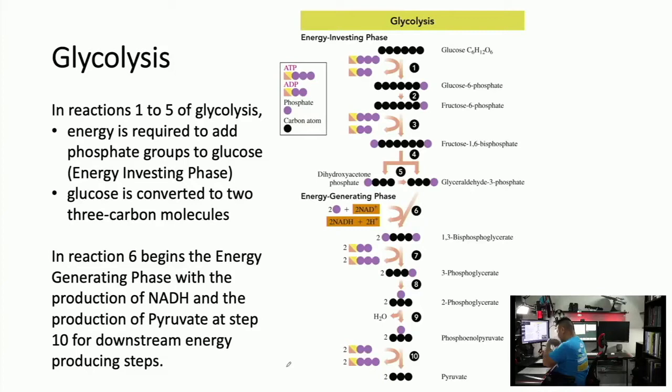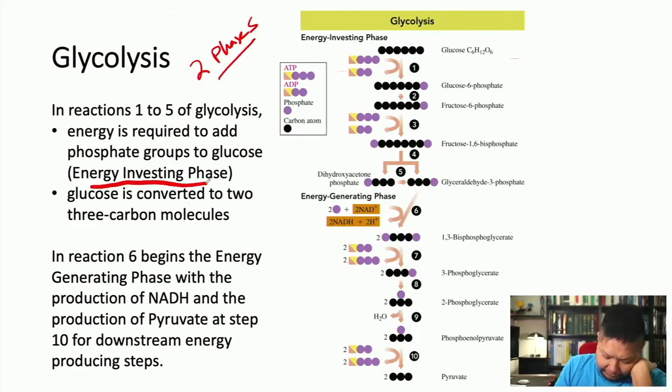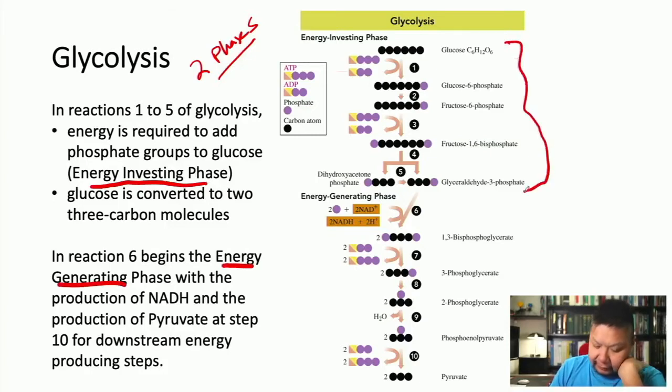So glycolysis is actually two phases. I shouldn't say steps, because there are multiple steps in glycolysis, but it's in two phases. Those two phases are the energy investment phase and the energy generating phase. The first 5 steps are the energy investment stage, where you actually put in ATP.